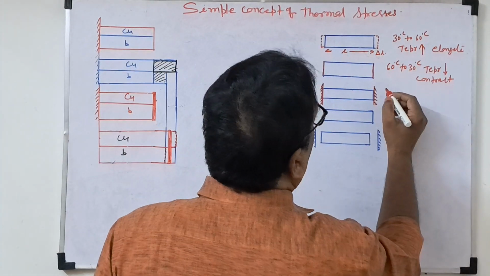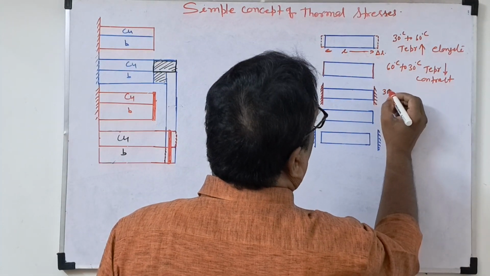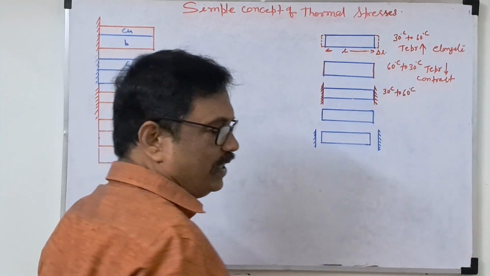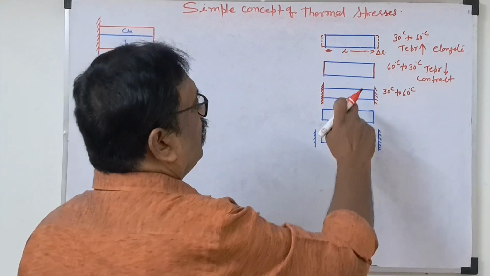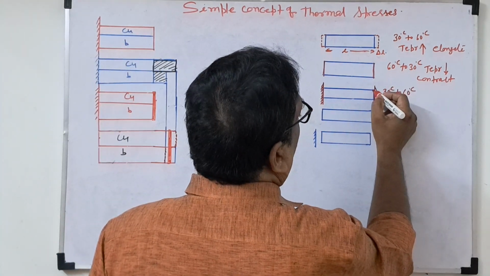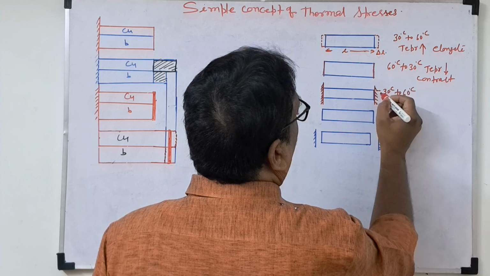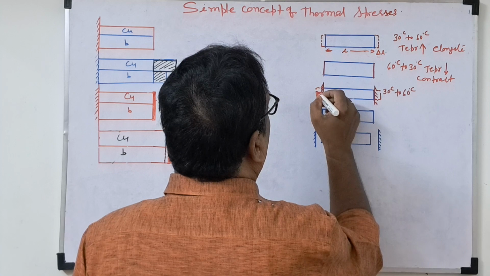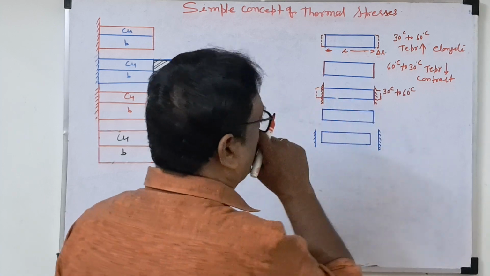So what will happen here? Same temperature, I am taking 30 degrees Celsius to 60 degrees Celsius, that means the temperature increases. Then what is the concept here? The body wants to elongate due to the difference in temperature.